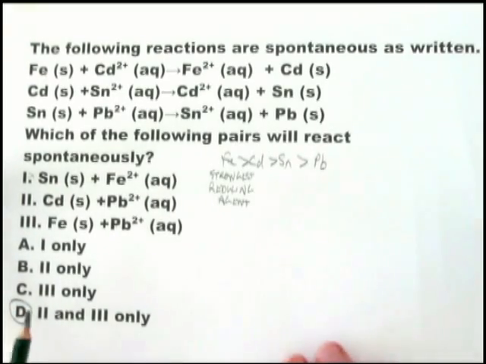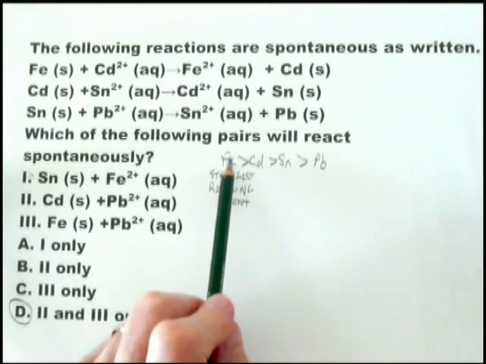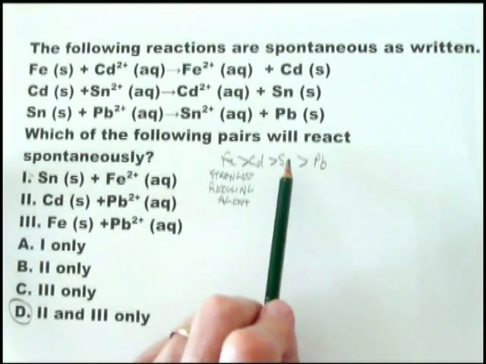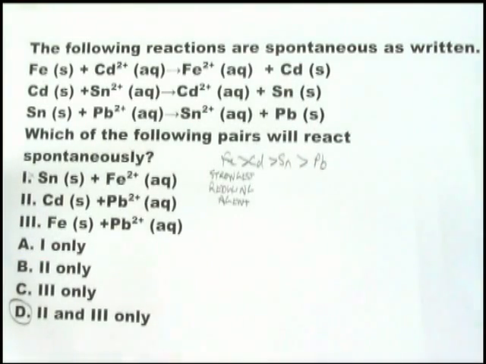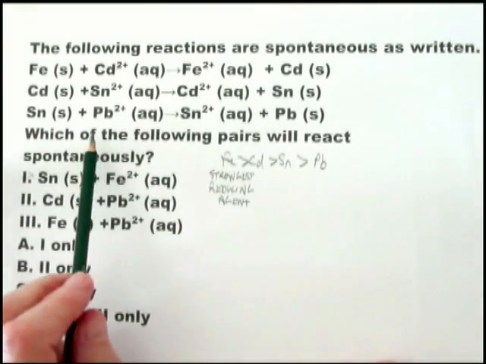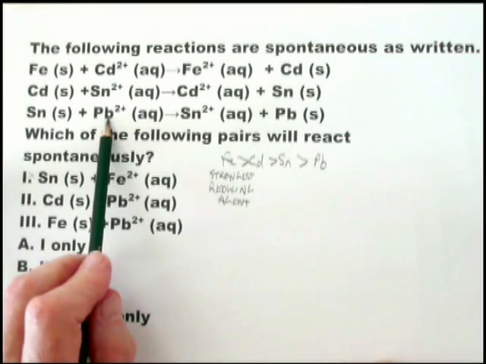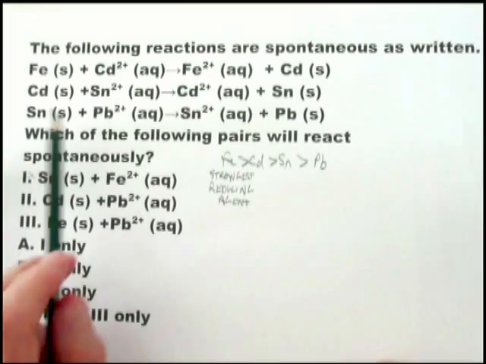Now, it doesn't matter whether you looked at it from the reducing agent point of view, iron is stronger than cadmium, is stronger than tin, is stronger than lead, or you looked at it from the oxidizing agent point of view, the actual ions of these metals. Let's look at it from that point of view. You can see from these three that Pb2+ is the strongest oxidizing agent.